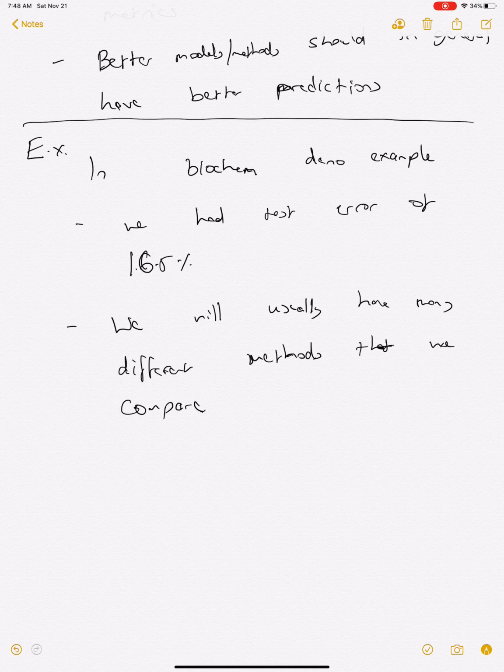As I mentioned, I just ran logistic regression with a main effects model, but there's also logistic regression with pairwise interactions and main effects, or things like the lasso or ridge regression. All of these are going to get different test set errors, so this is a way to compare methods using prediction, and in this case it would be misclassification error.